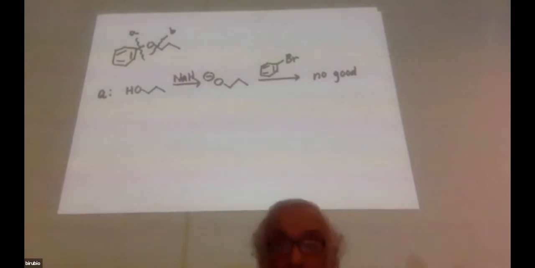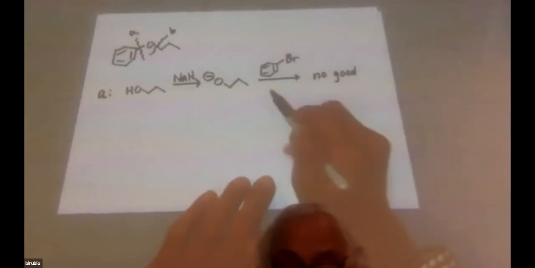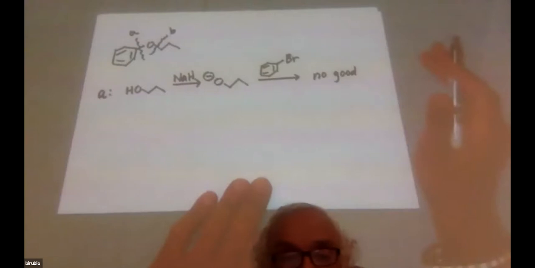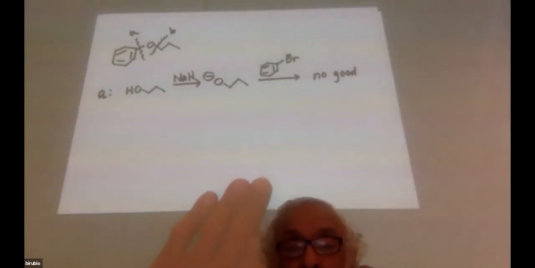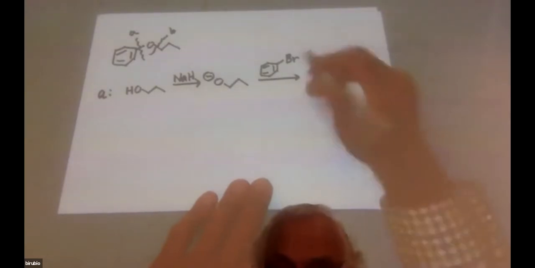No good. Why? Because this is supposed to be an SN2 reaction. And one of the things that we know about SN2 is that the carbon that bears the leaving group must be sp3 hybridized.